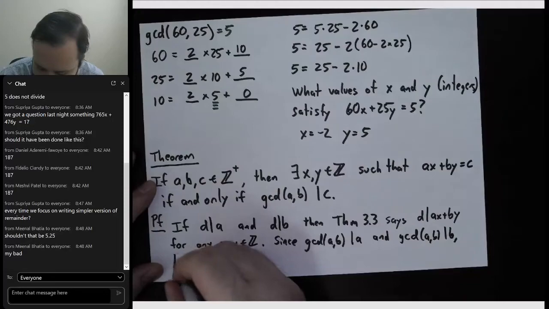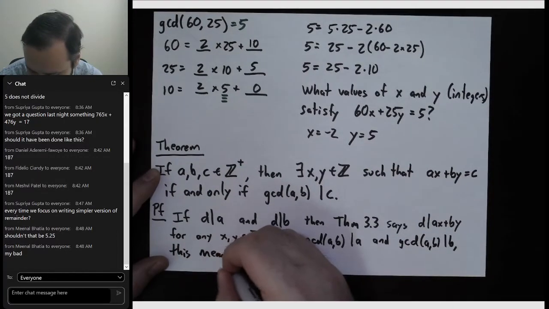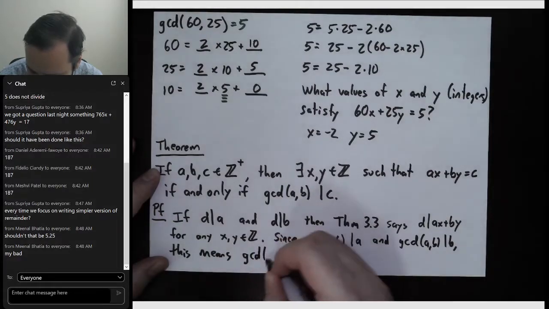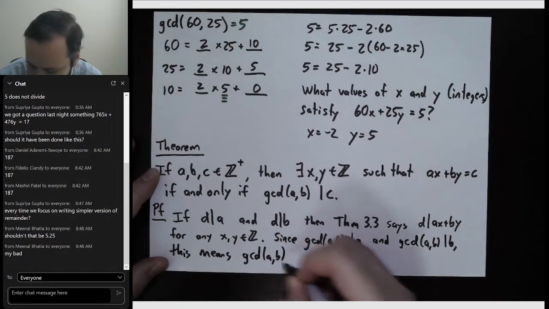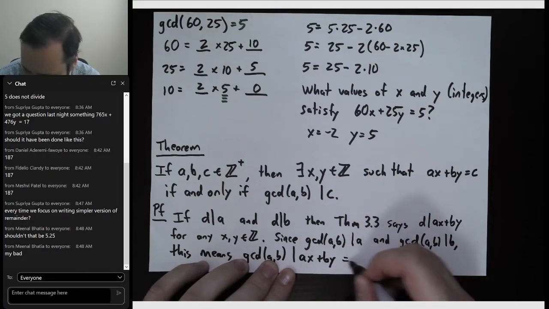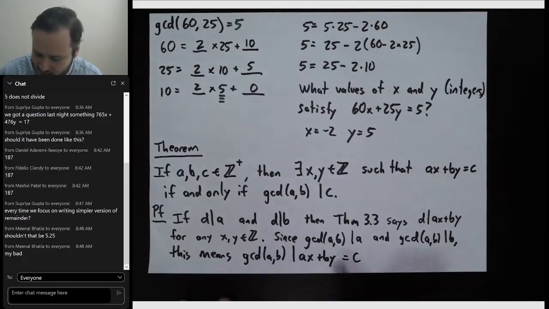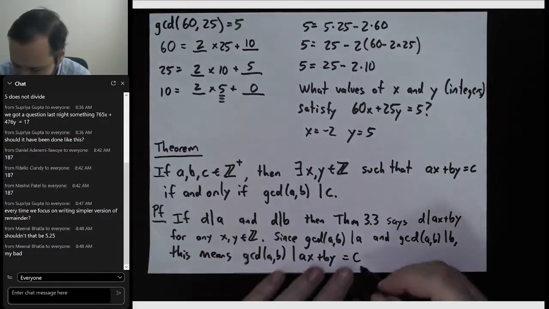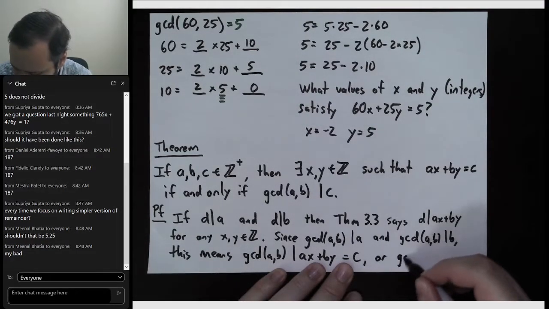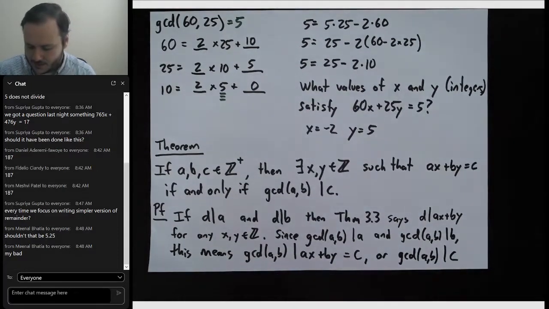This means that the GCD of A and B divides ax plus by, but that's equal to C. That's the whole point. So the GCD of A and B does divide C. Okay.